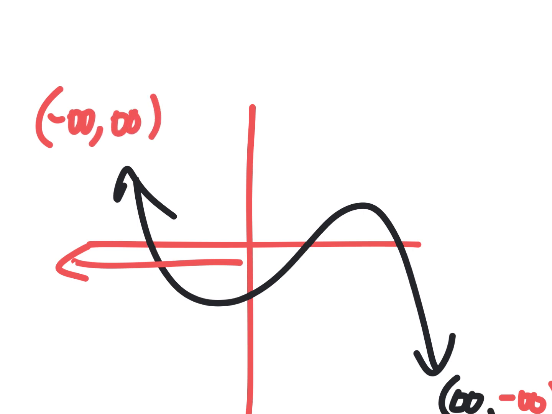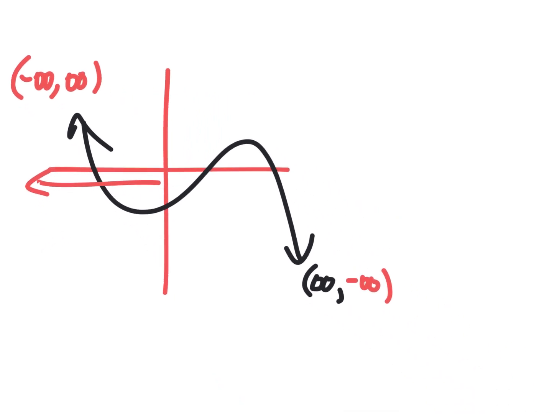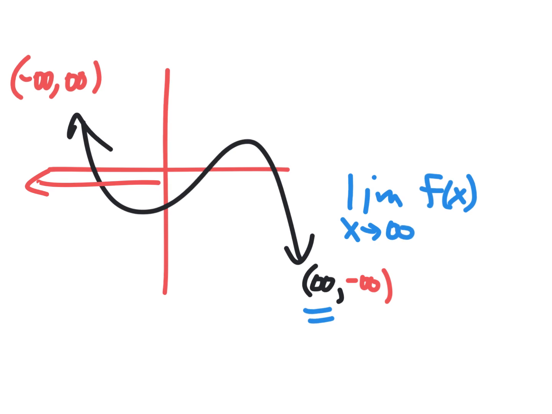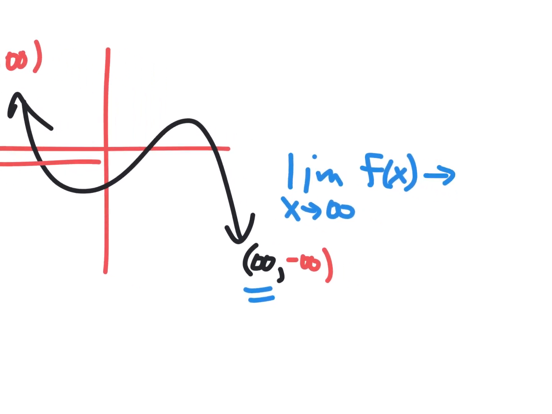Now again, this is not really a point. Do you get there is no point? It's just that we're going in these directions. So then I can write the limit for this side. Limit of the function as x approaches, what's my x? It's infinity. Then the y approaches negative infinity.